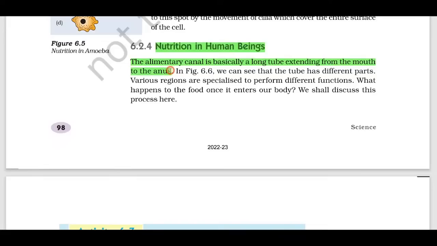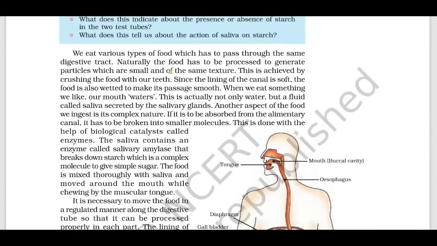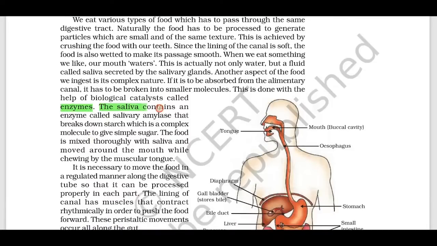So what is the alimentary canal? It is basically a long tube extending from the mouth to the anus. Here, the function of the saliva. The saliva contains an enzyme called what?